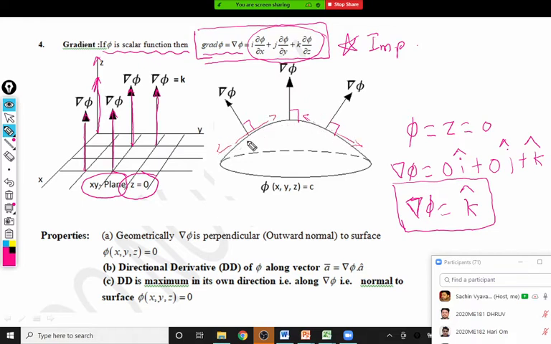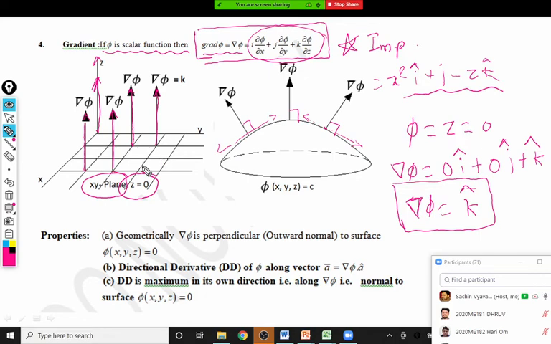You will get that they are normal there, perpendicular to the tangent at that point. So in this case, the direction of del phi will not be a constant. It depends on x, y, z. You may get something like x square i cap plus j cap minus z k cap. So it may depend on x, y, z, or it may be a constant depending on the surface. Del phi will be a constant provided it is a plane surface only.